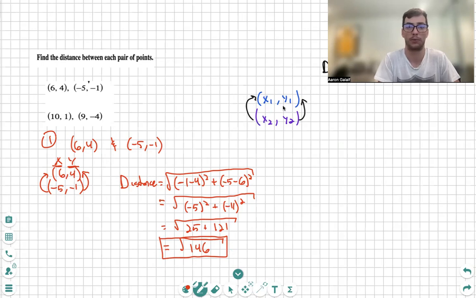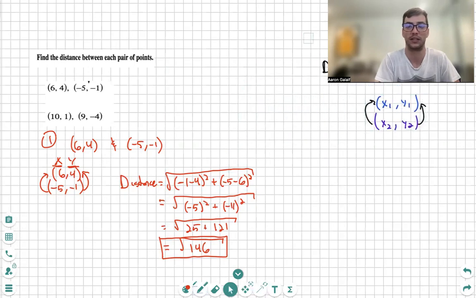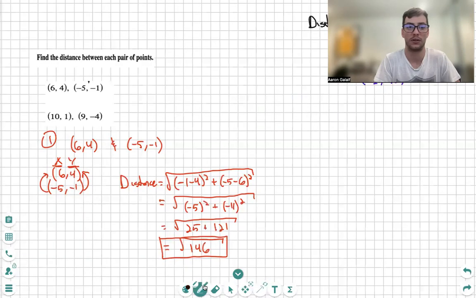Let's do one more problem and call it a day. Let's lower this a little bit. I'll move it over here at least. Okay, so then on our next problem, we have 10, 1, 9, -4.